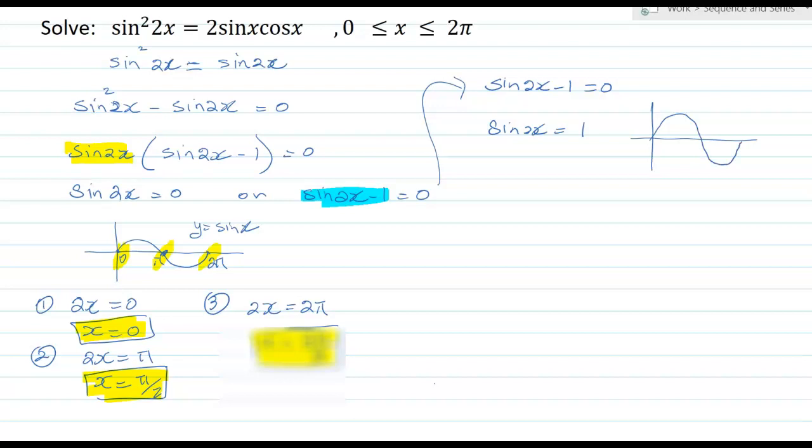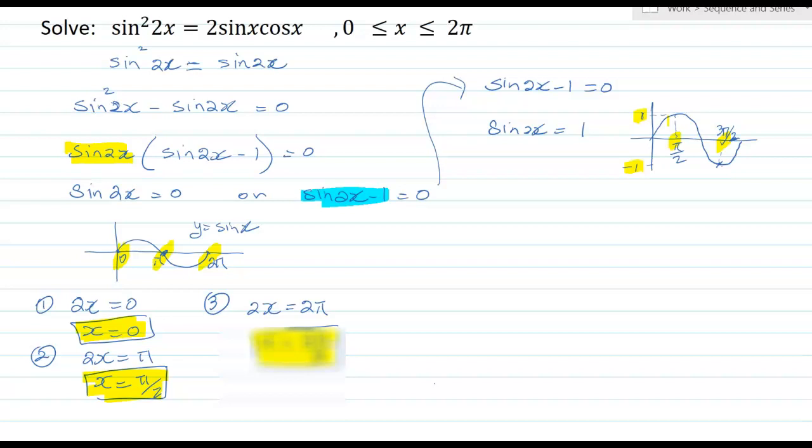Here is where the function value is 1, and that happens at pi over 2, and here is negative 1, and that happens at 3 pi over 2 for the sine function.